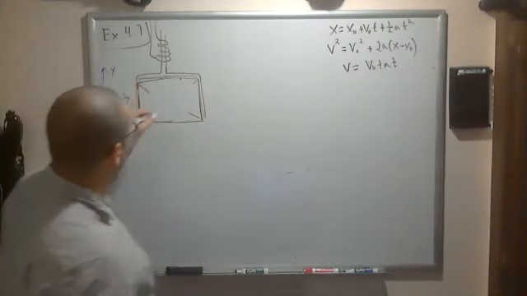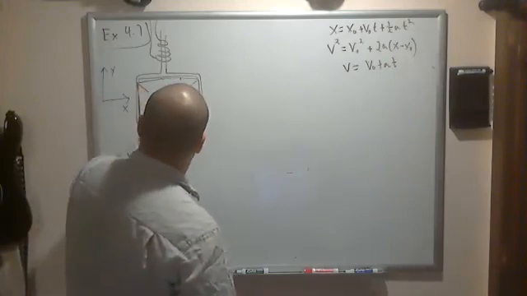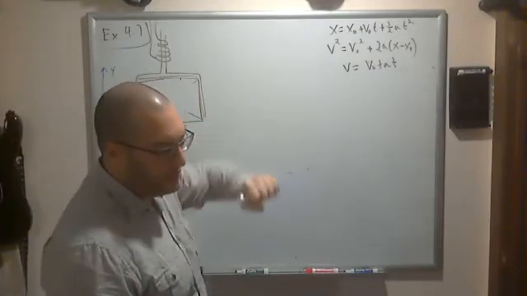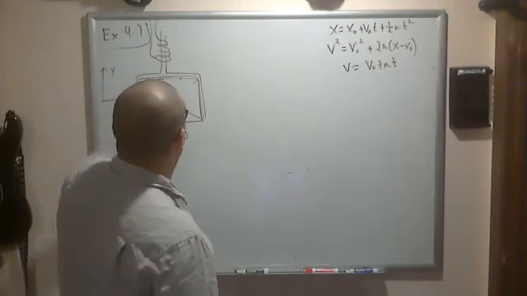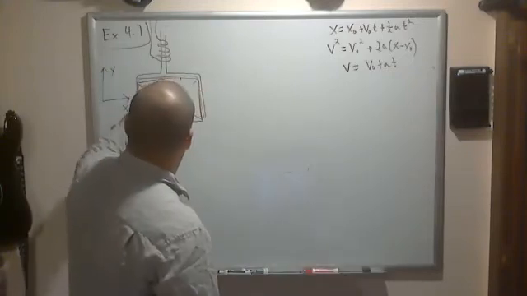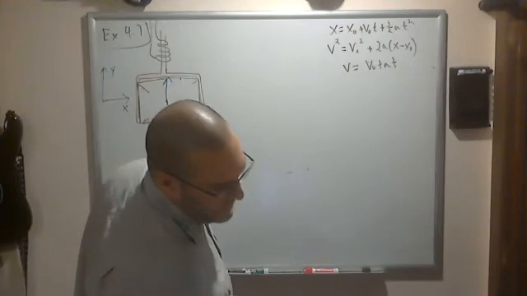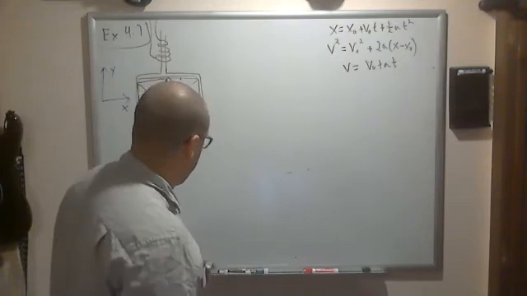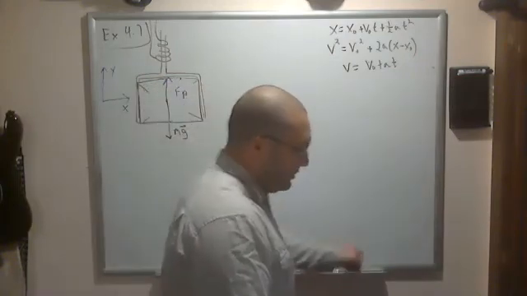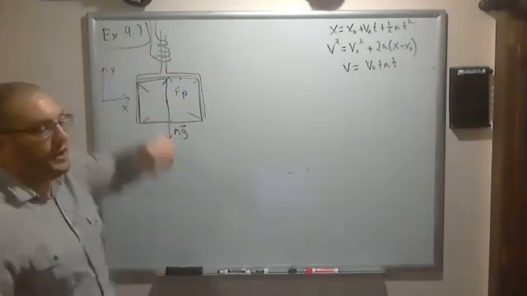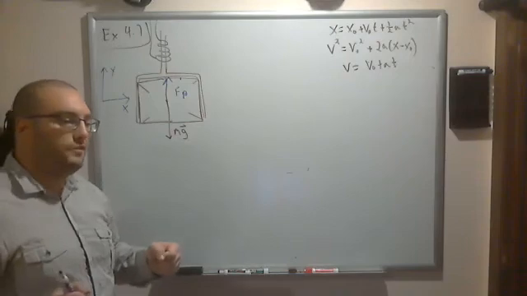So first we have a force due to gravity. Then we have a force due to the string that we're lifting this object up with, and we'll call this force FP. Now, I'll mention it here: the force provided by a string is called a tension force.